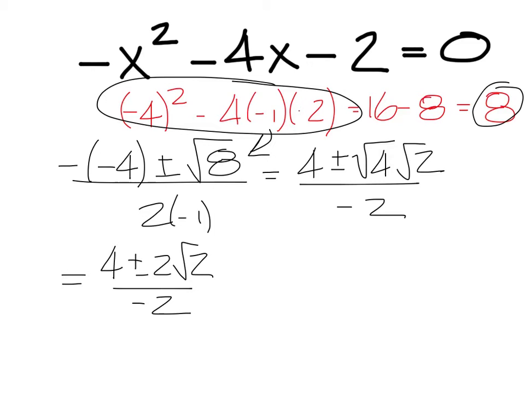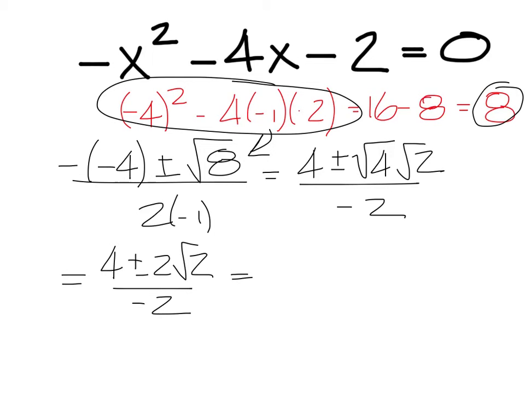So now we can simplify, and I'll still give you credit if you have it the other way, but as a rule from now on, whenever you have a negative number on the bottom and you can simplify the whole fraction, don't divide by a positive 2, divide by a negative 2, so that you're not left with a negative 1 on the bottom. But if your signs are different on this but still right, it'll still count.